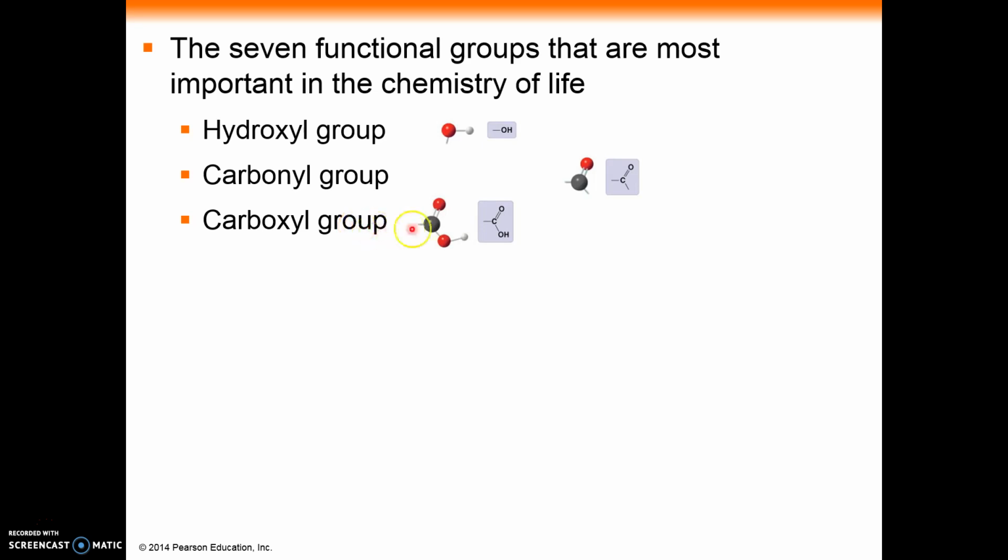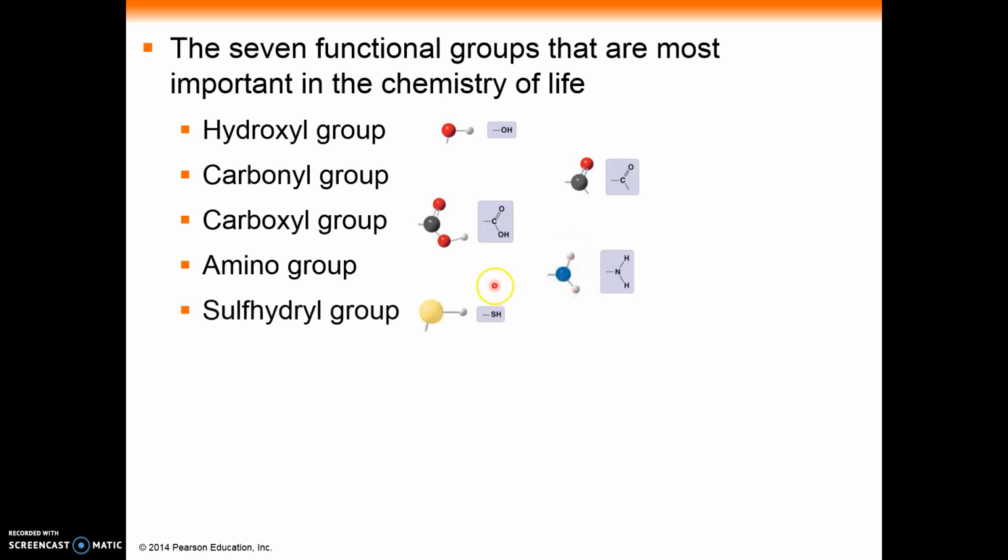This is actually a combination of the carbonyl with a hydroxyl already attached, and this gives it some unique properties. We have the amino group, which is nitrogen and 2 bound hydrogens. We have a sulfhydryl group, that's a sulfur with a hydrogen.